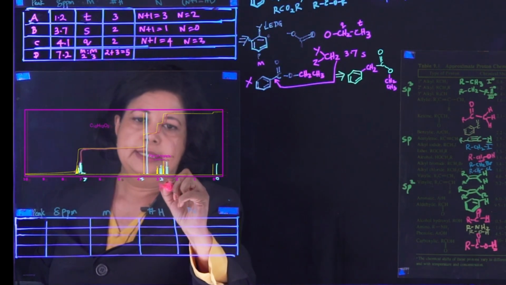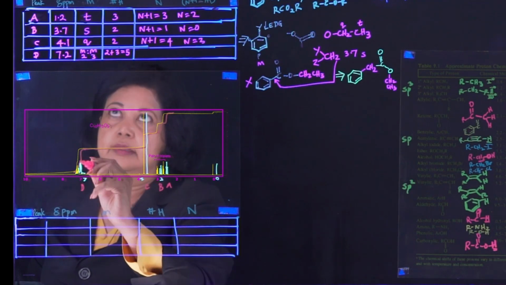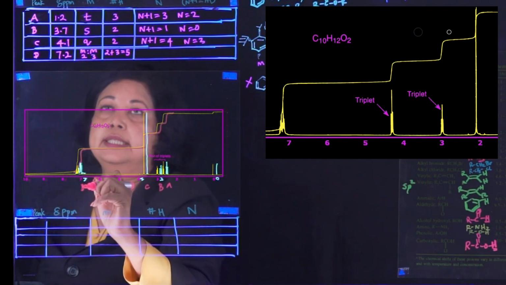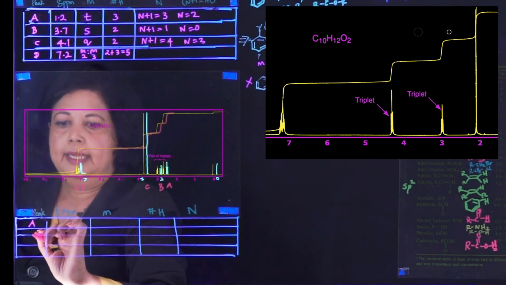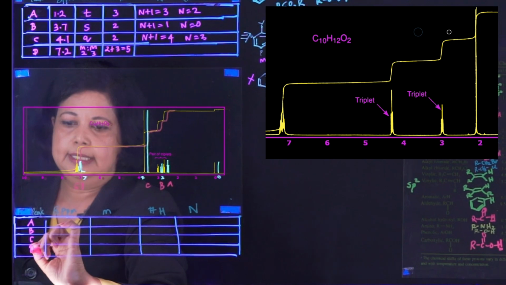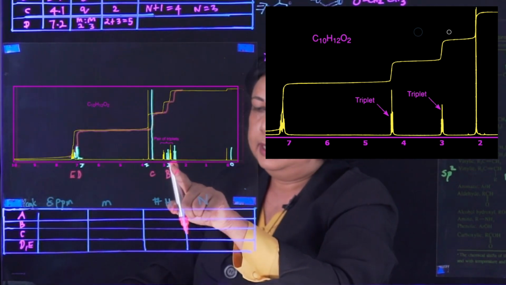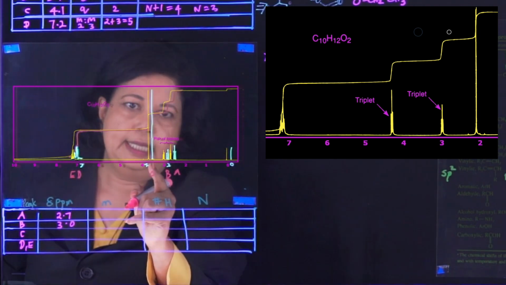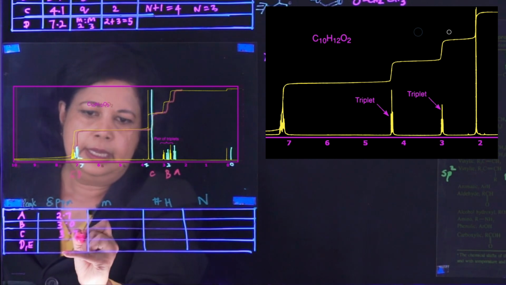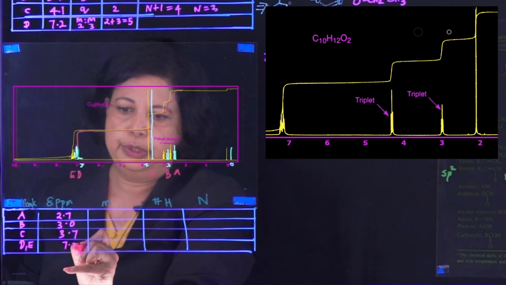A, B, C, D. And here too, you're seeing a very similar pattern to this. I would put DE here. We have A, B, C, D, E. And A is about 2.7. B is at 3. And C is at 3.7. And E and D are at 7.2.